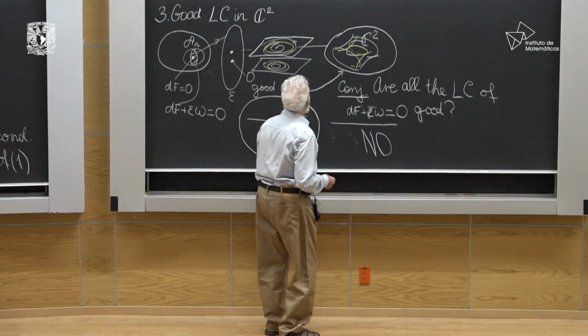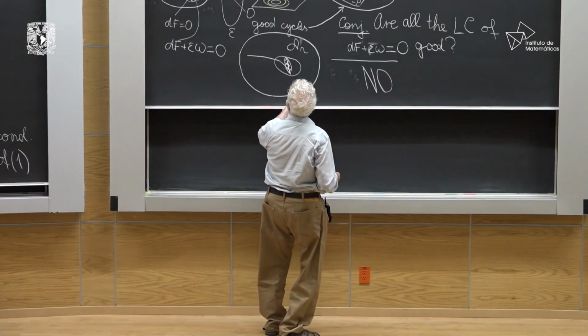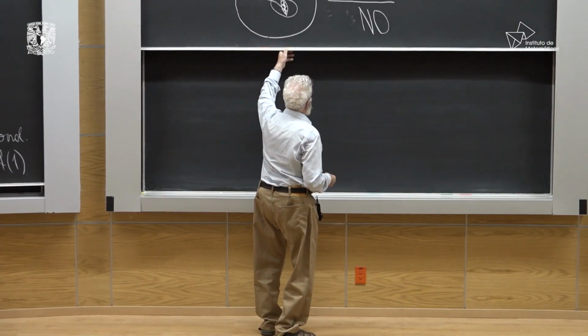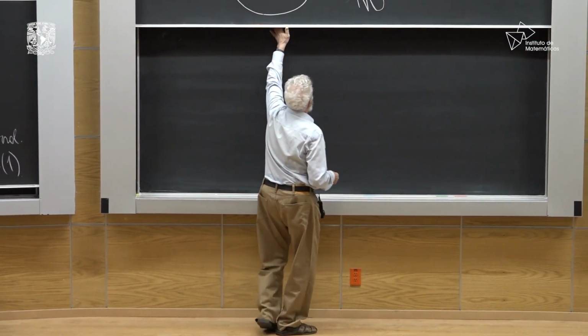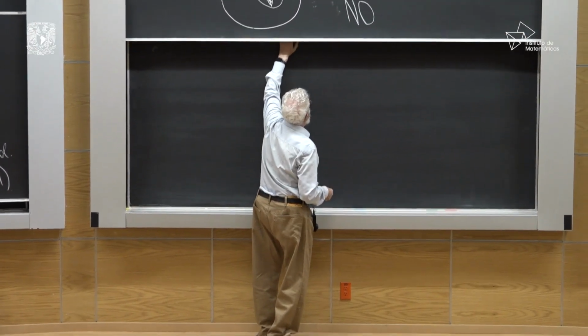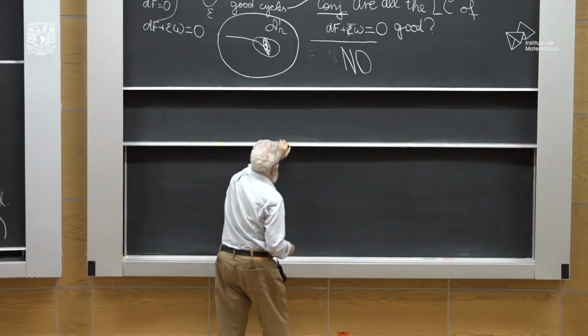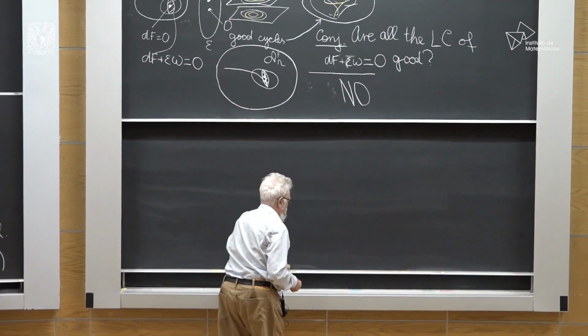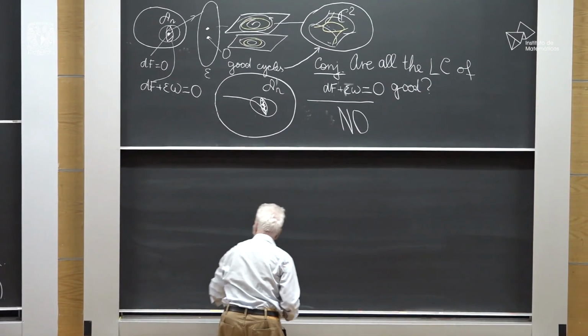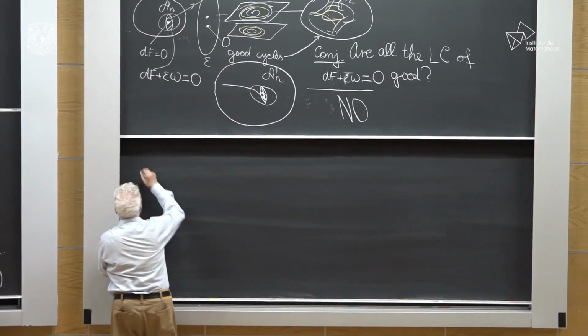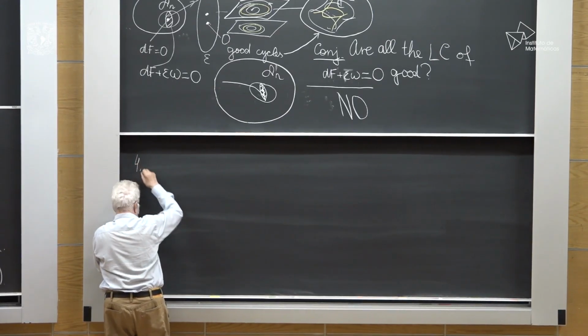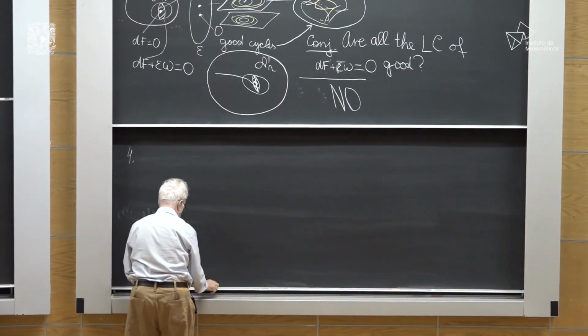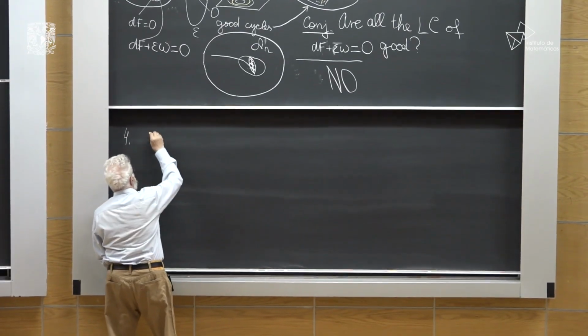So, we discussed good limit cycles. Let us now discuss bad limit cycles. I even have a temptation to give them a Hispanic name, ciclos bandidos.